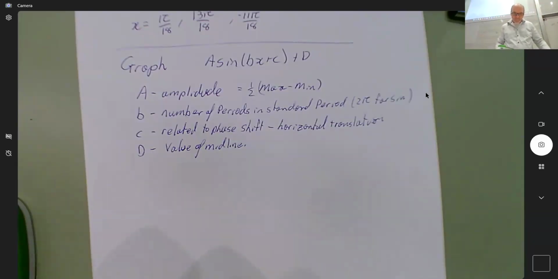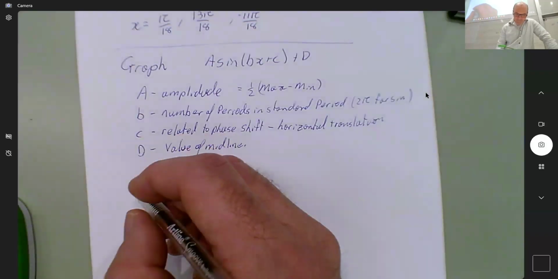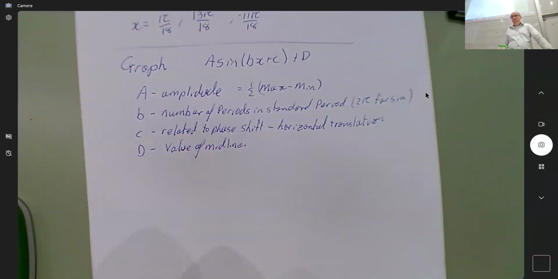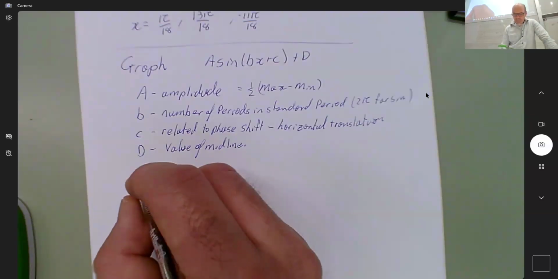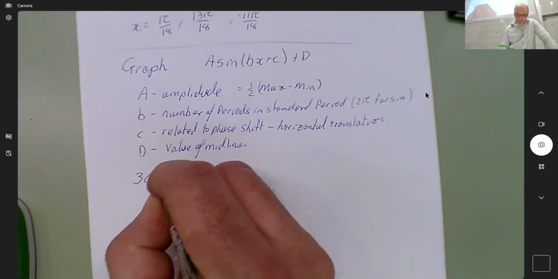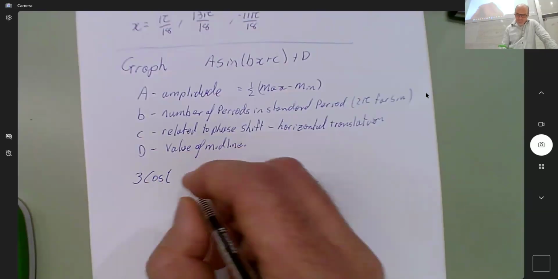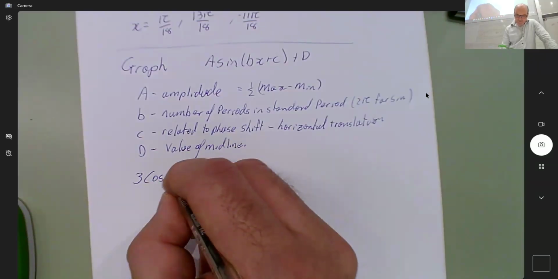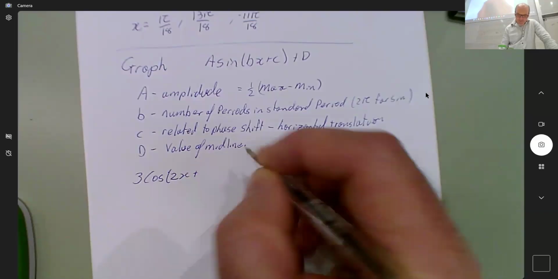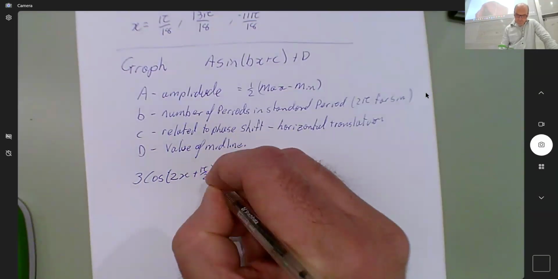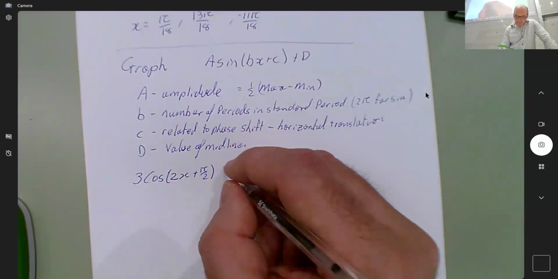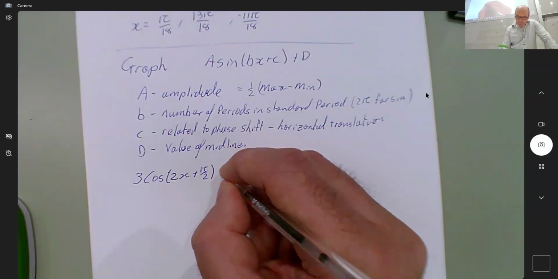So maybe what we should do is pick on something a little different. So we should go, I don't know, 3 cosine of 2x plus pi on 2, minus 1.